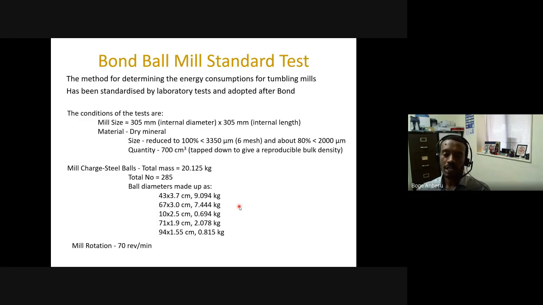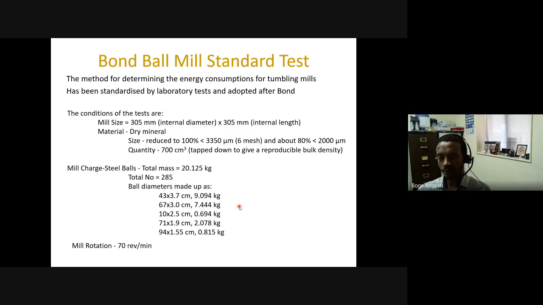But if you keep rotating it to a very high speed, then all the content inside the mill will experience centrifugal force, and everything will stick to the wall of the mill. As I said, these are tumbling mills, horizontal mills, and at a very high speed, nothing happens inside the mill.